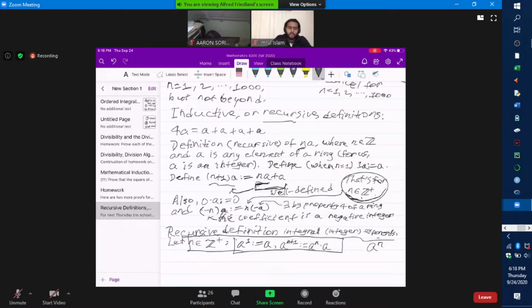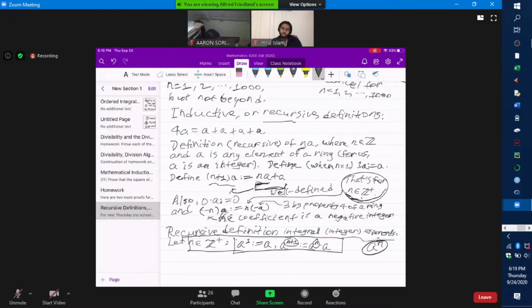So again, that's the definition. Now, as I said before, to prove that this definition really covers all integral exponents, or at least so far all positive integral exponents, you would have to say, if it's defined when the exponent is n, then it's defined when the exponent is n plus 1.